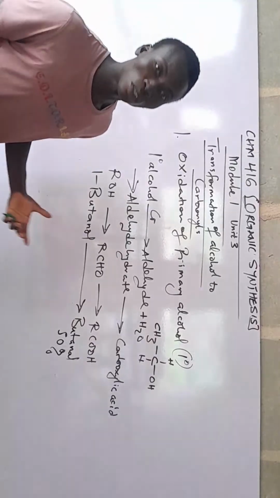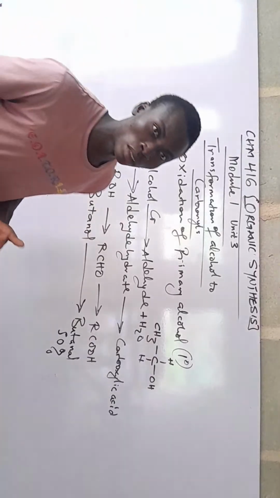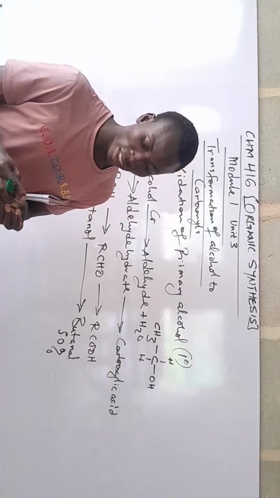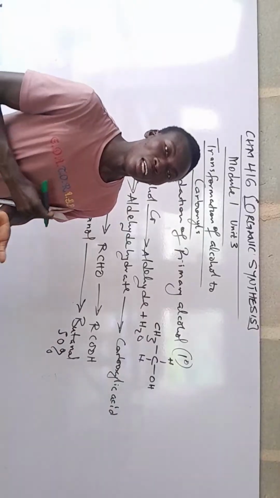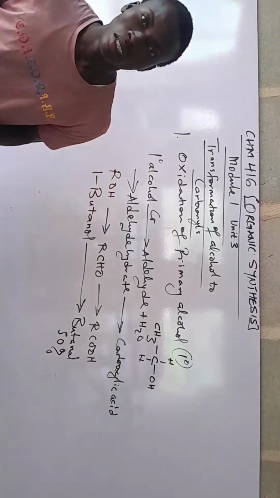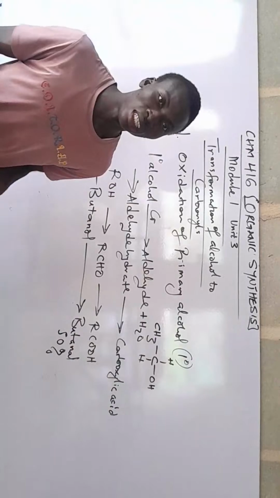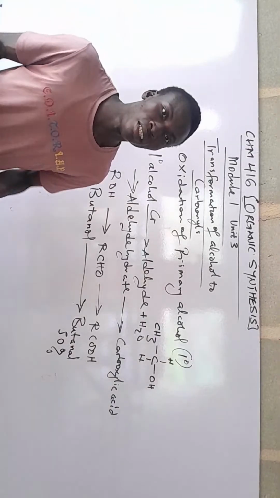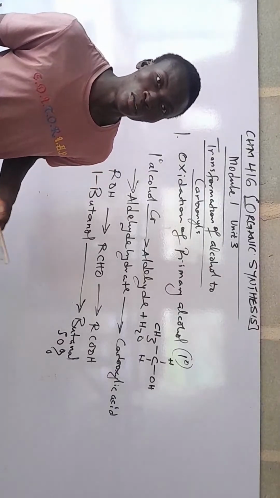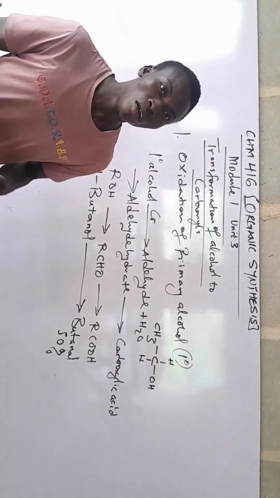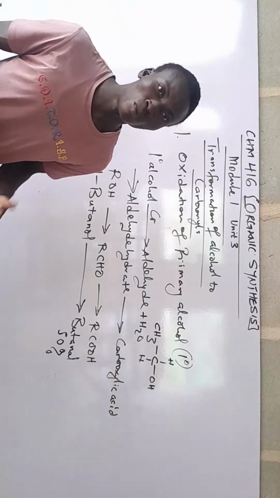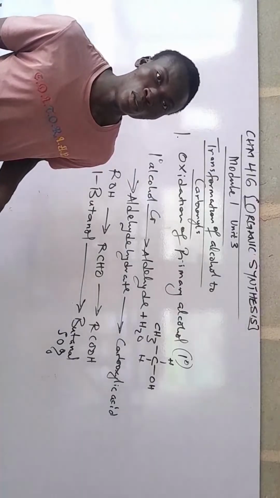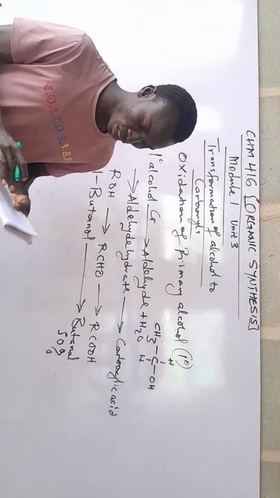From the National Open University past questions, a question says you should list some oxidative agents. Among those we have discussed: PDC, PCC, H2CrO4, KMnO4, and K2Cr2O7. Most of these listed compounds are typical oxidative agents.